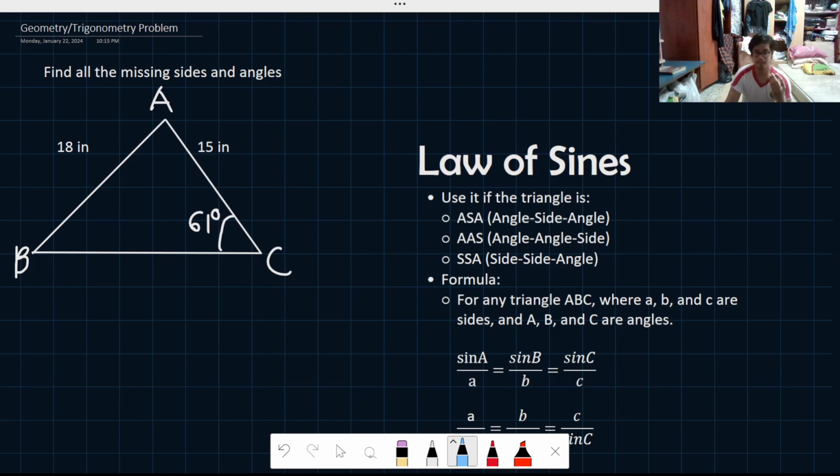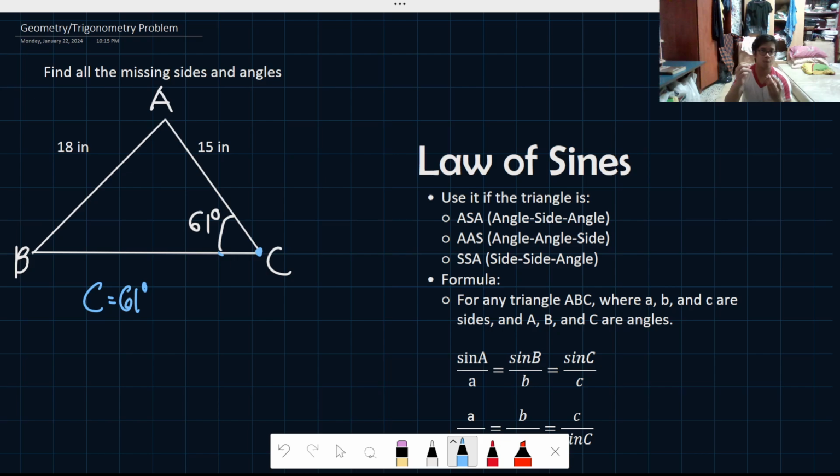Let's start first with the given angle. In here, we have a given angle of C, which is 61 degrees. So this capital C is 61 degrees. Now, what we're going to do is find its opposite side. What do I mean by opposite side?